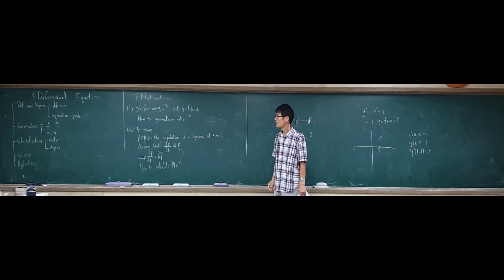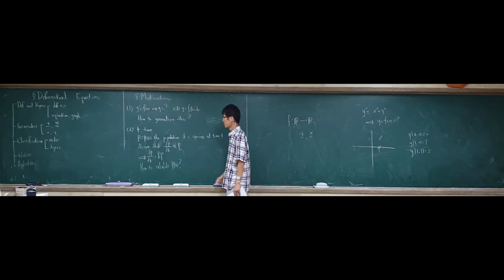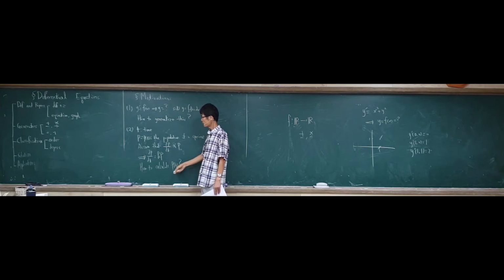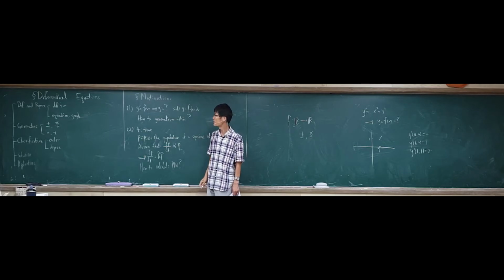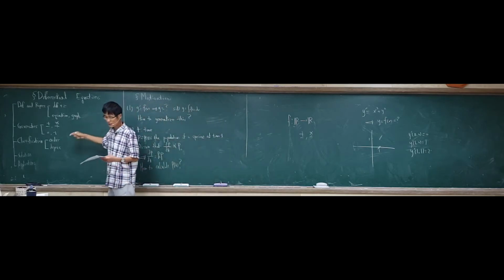And then we want to find the population of the species at time t. So how to find P, which is called the solution of the differential equation. So this is motivation for studying differential equation.